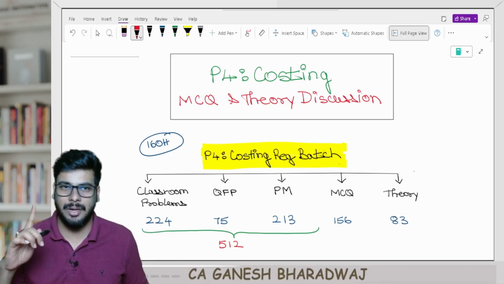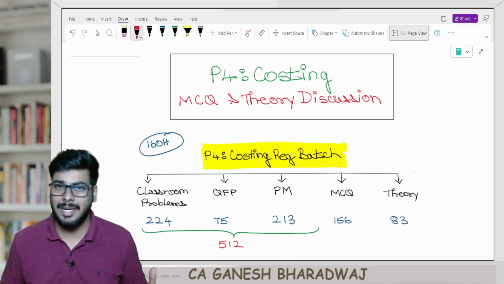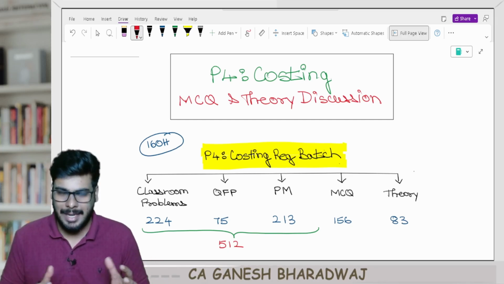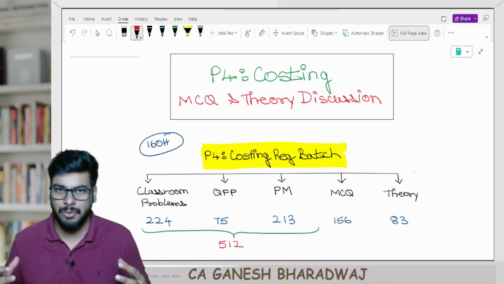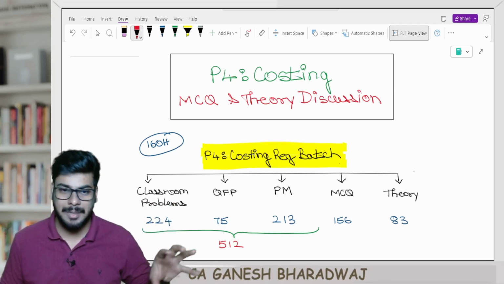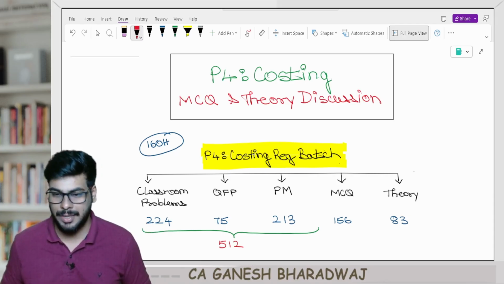Rather, it also doesn't make sense to omit theory altogether. So you need to balance it, and that's why I have compiled a few questions from past exams, RTPs, MTPs and all. Based on that, chapter wise, we'll be seeing the theory questions.